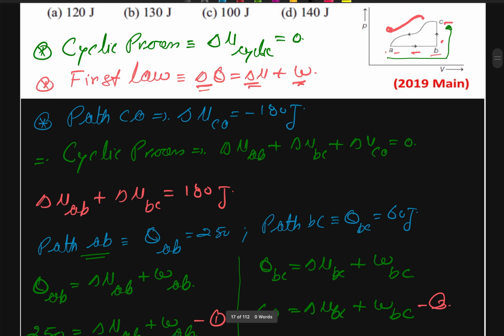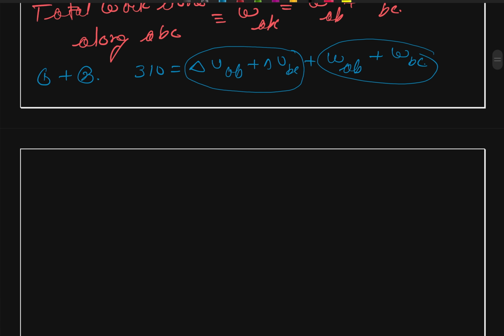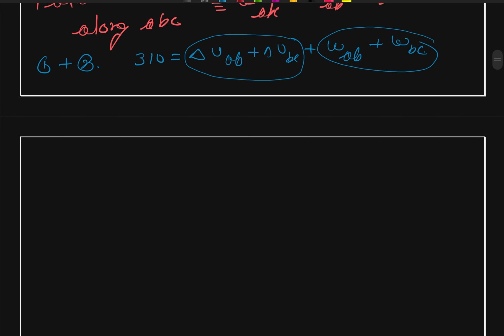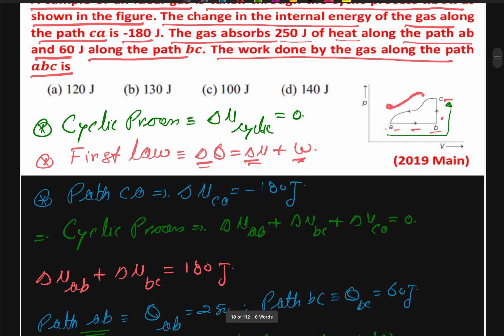Here the summation is 180, therefore we can substitute it. We get 310 is equal to 180 plus WABC, which gives us WABC is equal to 310 minus 180, and that will be giving us 130 joules. So option B is correct.